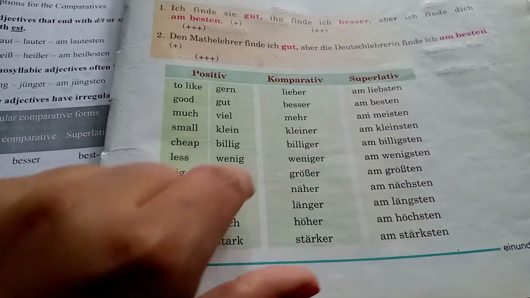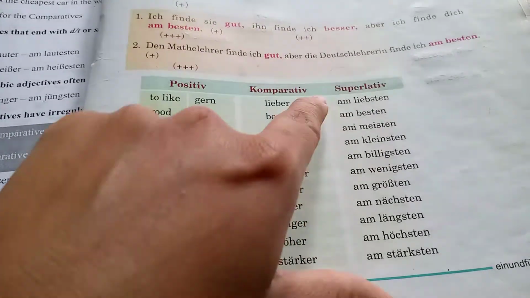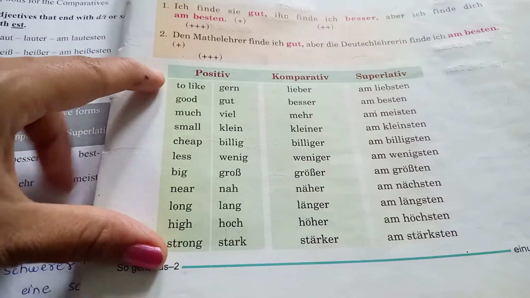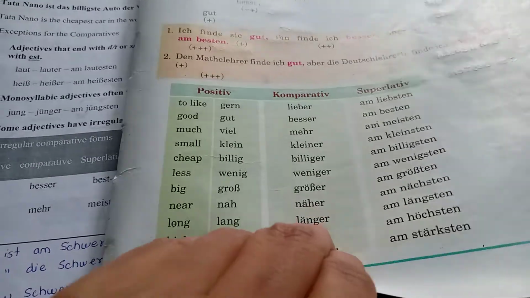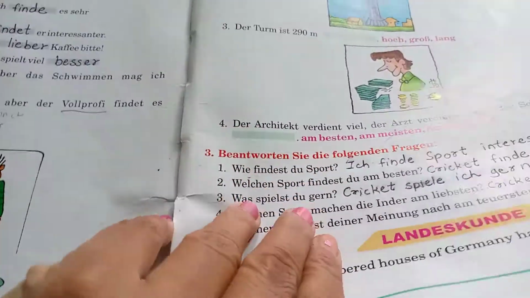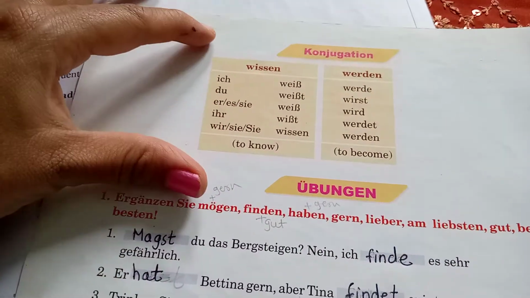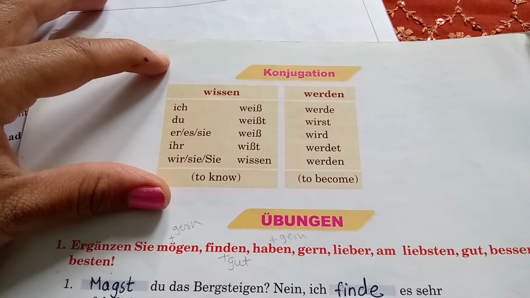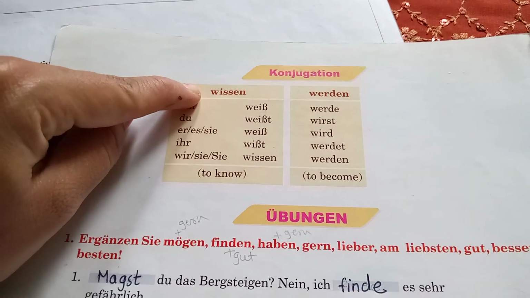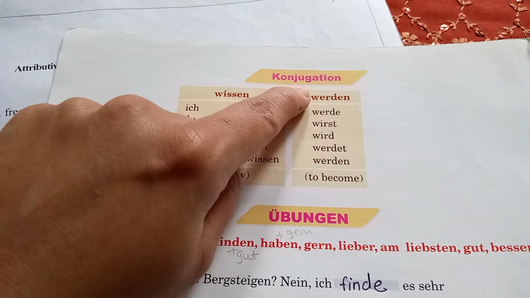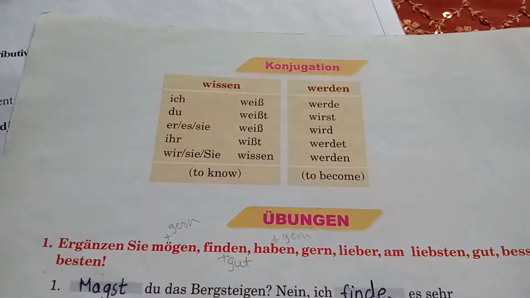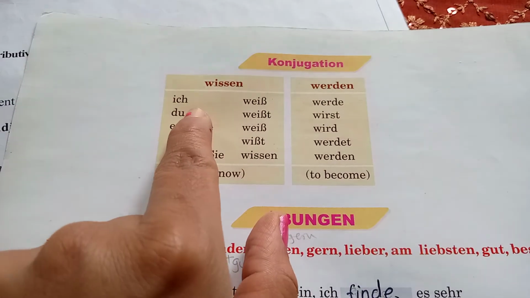Same they have given here in your book also: the positive form, comparative form, and the superlative, and the meaning of the adjectives they have also explained. In your book they have given one more verb conjugation, actually two conjugations. Wissen means to know and werden is to become. Let me read this.